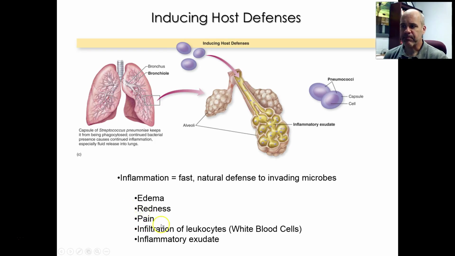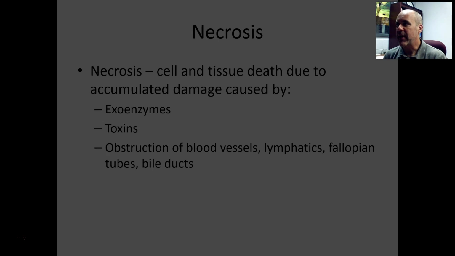And then pain occurs as well because you've got the buildup of the fluids and damage to the tissues and so forth. And so the sensory neurons that are supplying that area where the inflammation is occurring are going to send signals towards your spinal cord and brain that you'll interpret as pain.